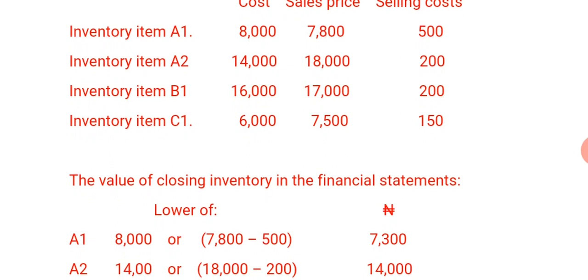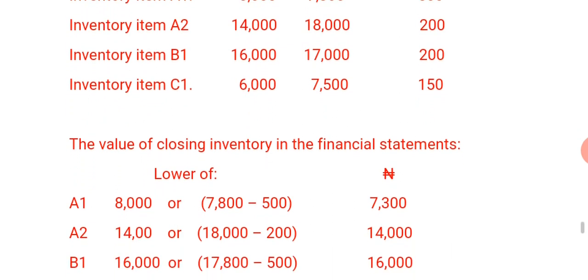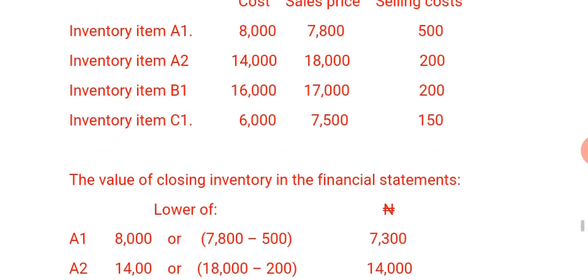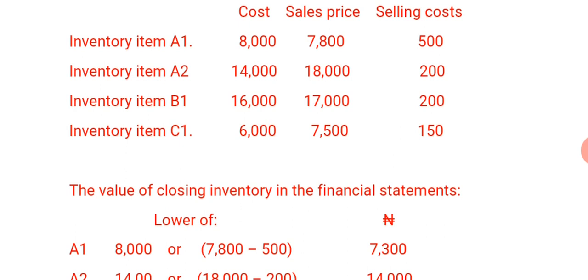A2, which is lower, 14,000 or 18,000 minus 200? I said 4,000 at first, but that was a slip. The selling cost is 200, so 18,000 less 200 gives us 17,800.